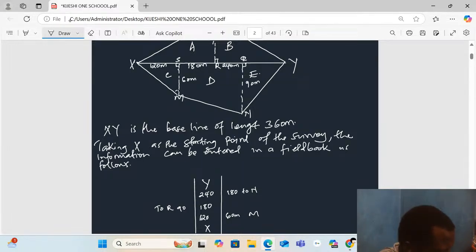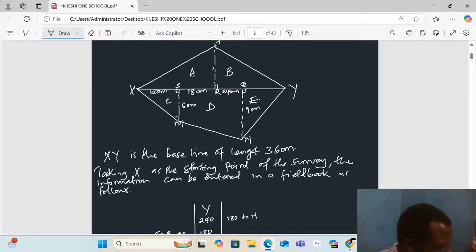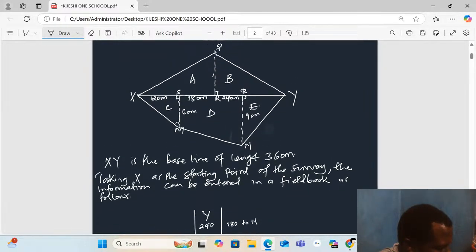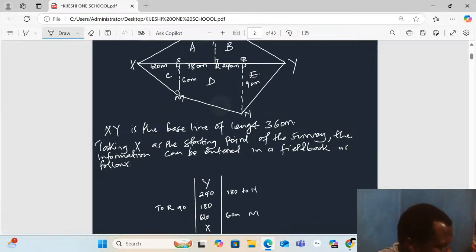From X to 120, then right, we are moving 60 meters and we shall get to point M. Then we move up to 180 meters, to point R.